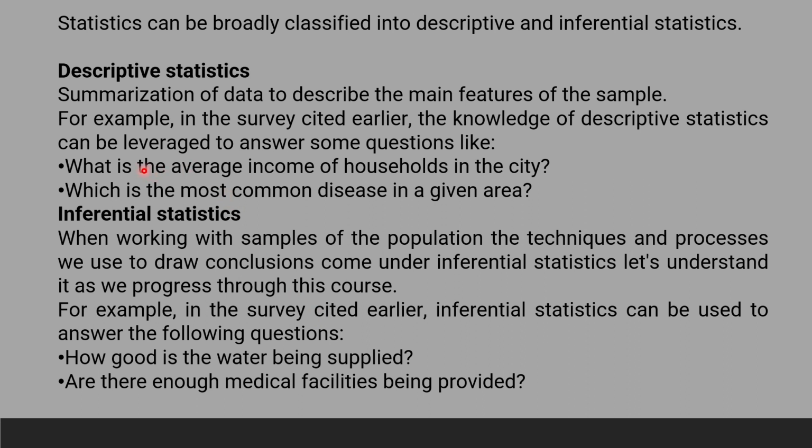Questions like average income and most common disease come under descriptive, and questions like how good the water supply is and whether there are enough medical facilities come under inferential. In inferential statistics, we learn about tests like hypothesis testing, ANOVA, chi-square test, t-test, etc. In descriptive statistics, we study mean, median, mode, correlation, etc. We will study these concepts in brief in the upcoming classes.